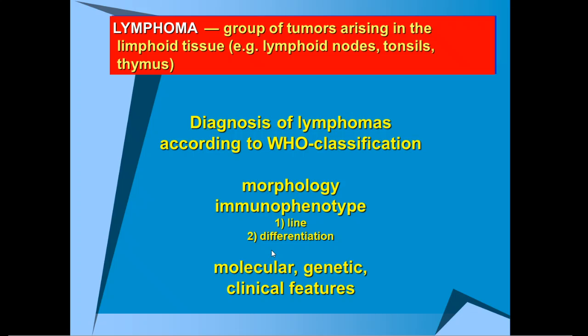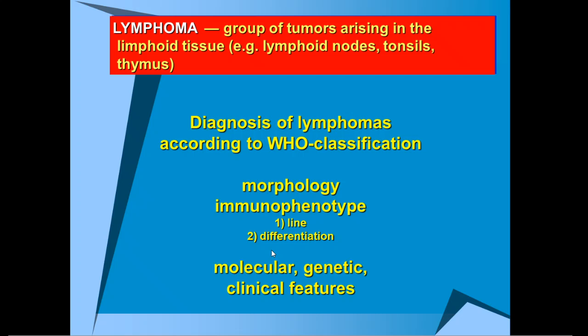So answer the question: how can we distinguish lymphoma from leukemia? You need to tell about the spreading of the process and about the changes in the blood and in the bone marrow.